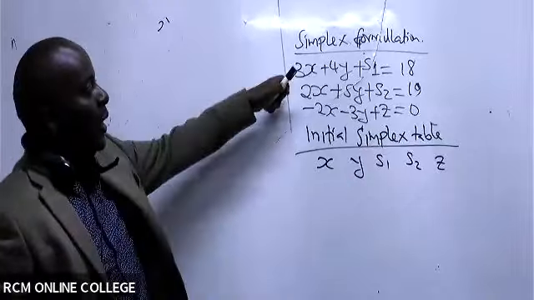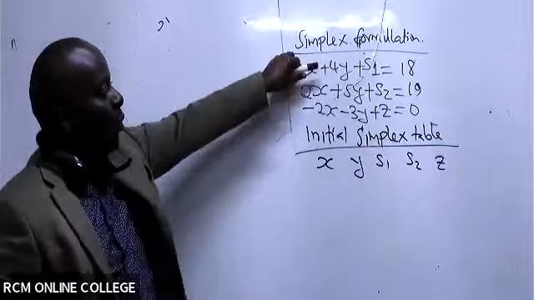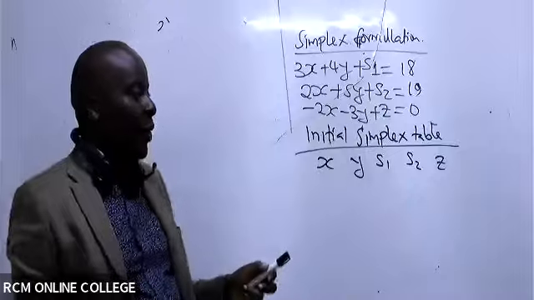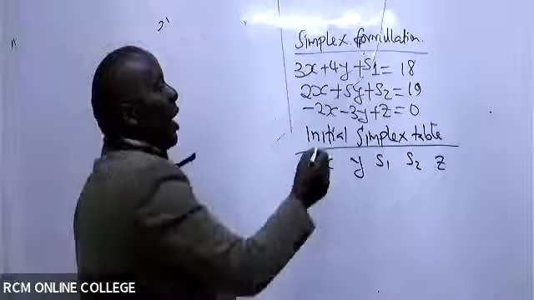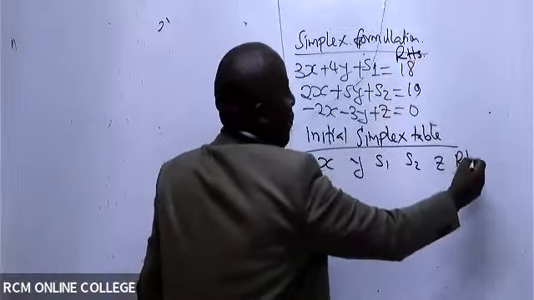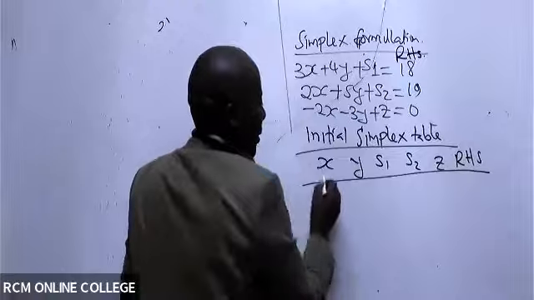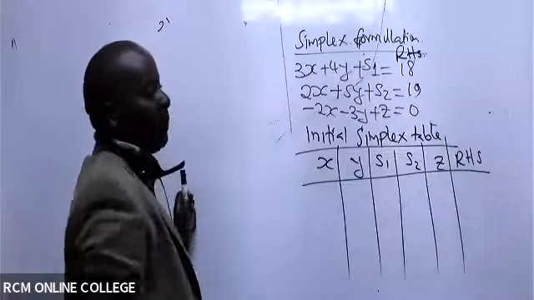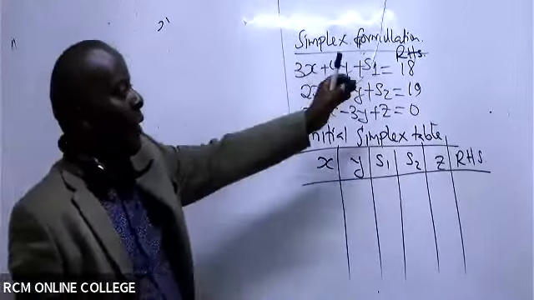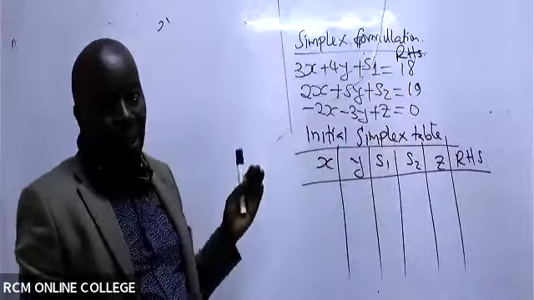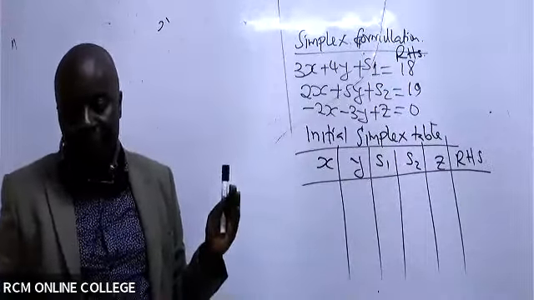Remember initially we had x and y. And then now we have S1, S2, and Z. And then we have what we call the right-hand side. These figures are on the left, and the right-hand side figures are on the right, like that.